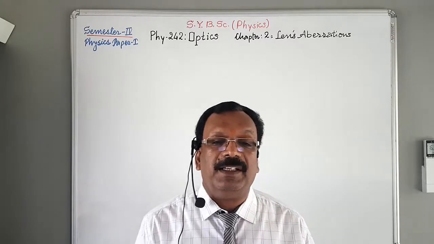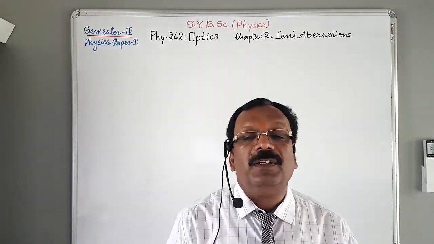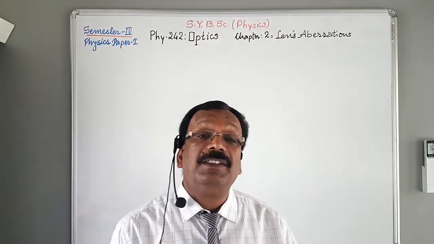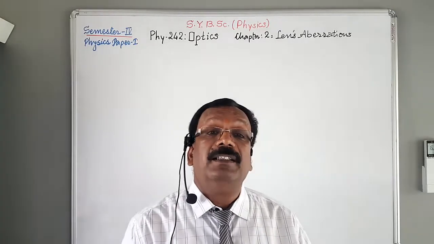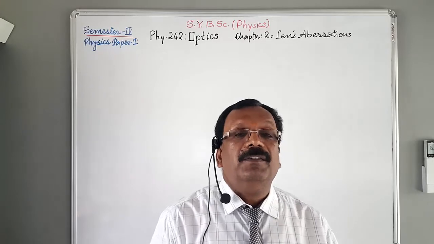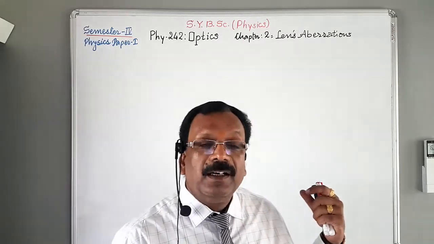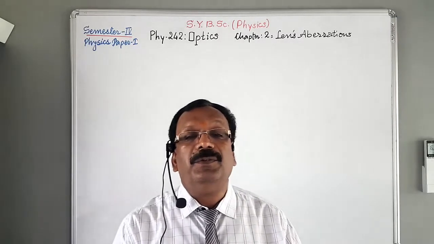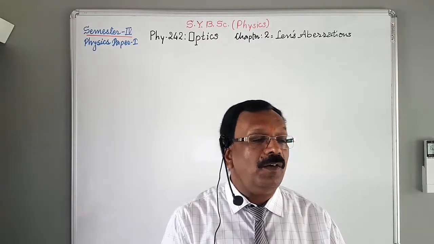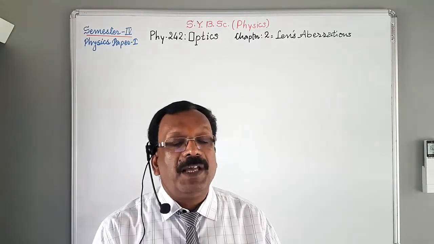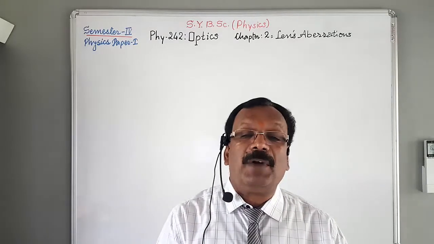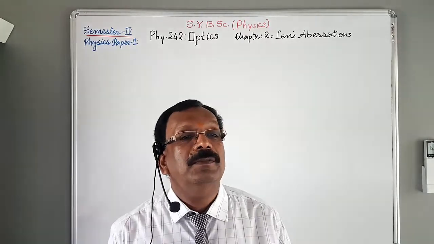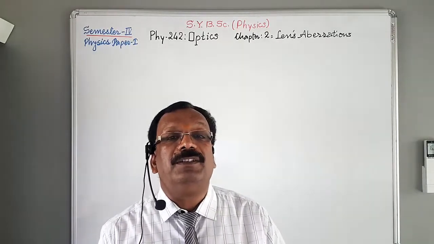As we know, spherical aberration arises due to larger deviation of the marginal rays than the paraxial rays. If the deviation of the marginal rays of the light is reduced or made minimum, the focus Fm will shift towards the focus Fp.